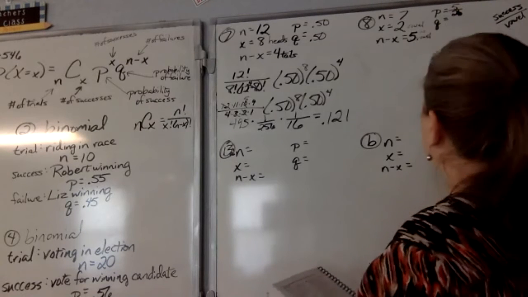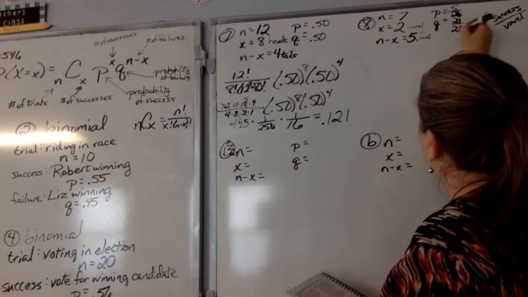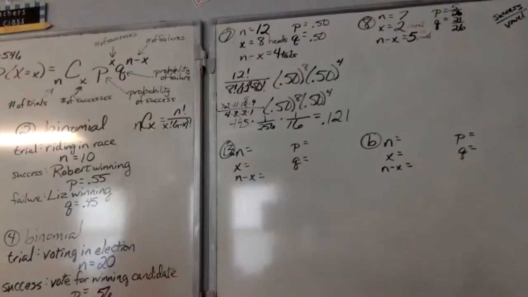Your chances of getting not a vowel would be 21 out of 26, correct? Now, we're just going to leave those as fractions right now because it's stupid to try to change them to decimals and then go back and forth. So we're ready to plug them into our formula.